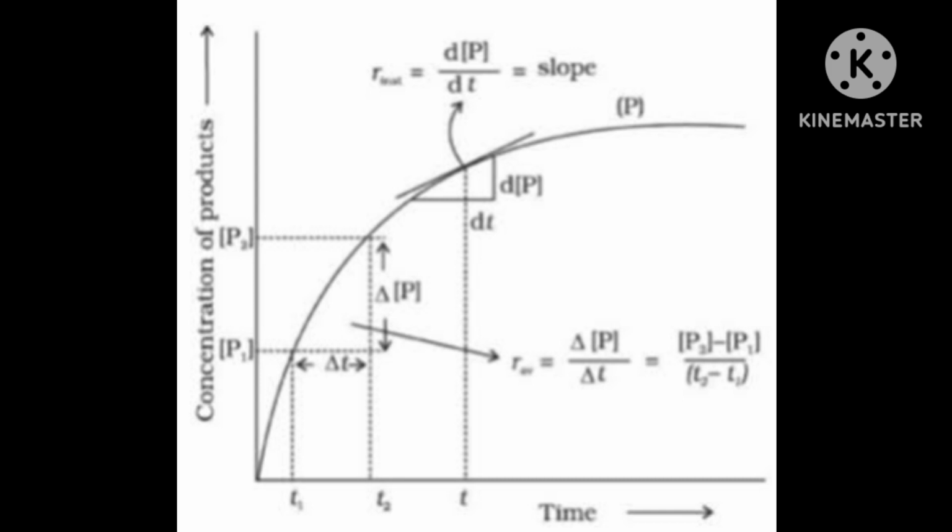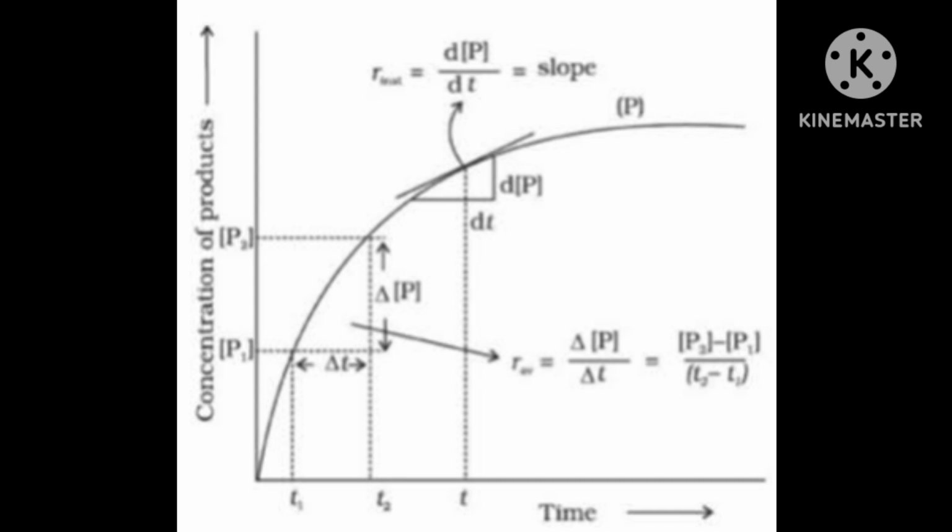Suppose in the beginning the time was T1, maybe 0, and the final time is T2. Then the change in time will be delta T, which is T2 minus T1. Delta T, a small triangle, means the difference T2 minus T1.